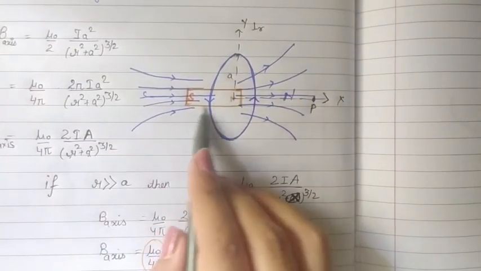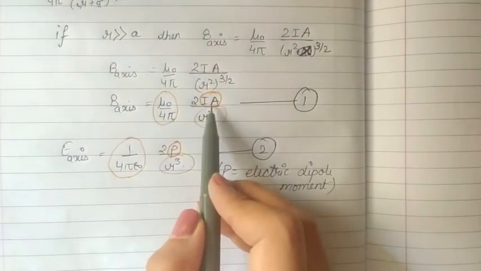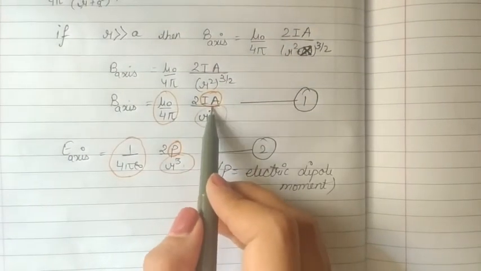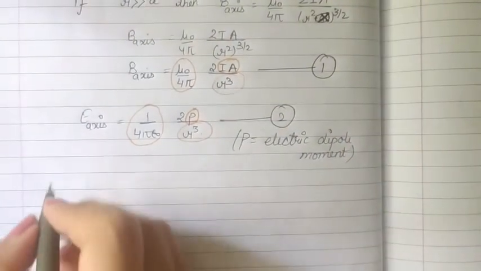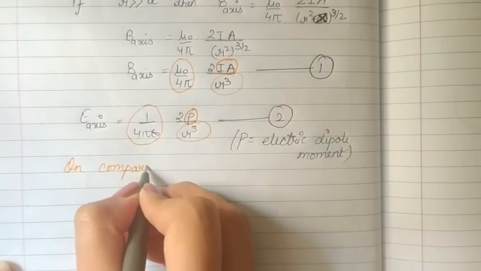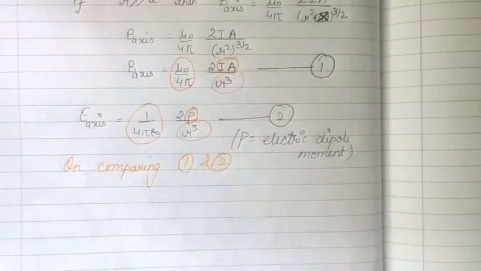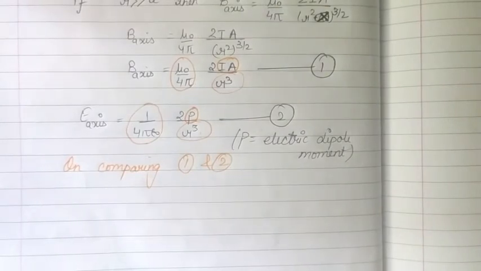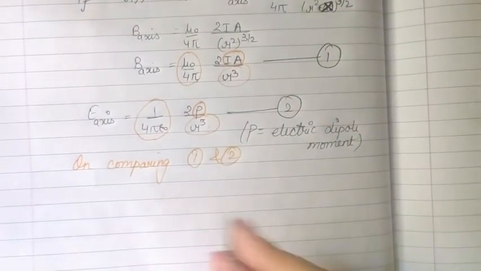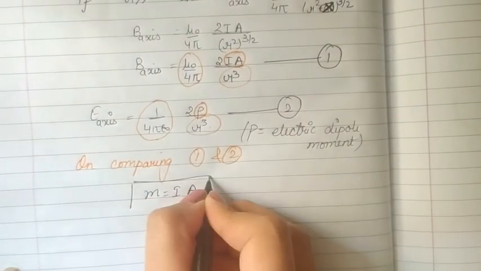A circular current carrying loop behaves as a magnet which has a magnetic dipole moment equal to IA. So on comparing equation 1 and 2, we get that the magnetic dipole moment M is equal to I into A, right?